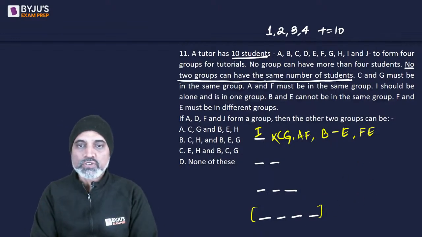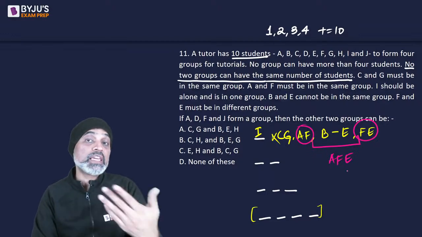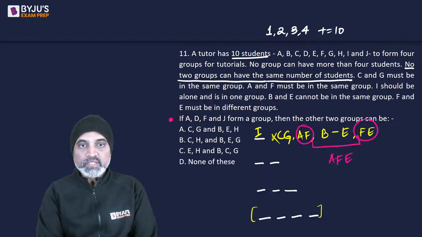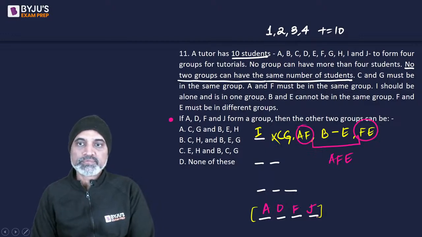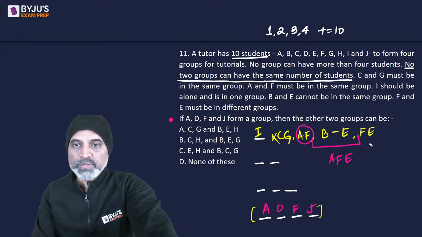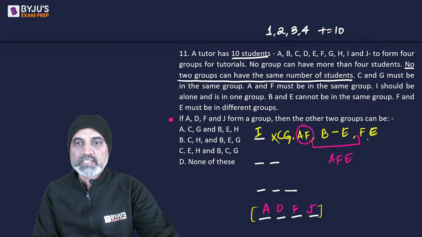So since we have AF and FE, if I combine them, can we say A, F, E, they are going to be together, and wherever E is, B cannot be a part of it. So it is given that if A, D, F and J form a different group, so E cannot be in the same group. It says cannot be.